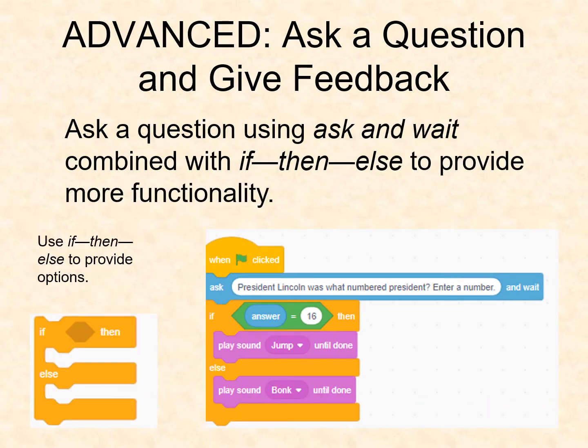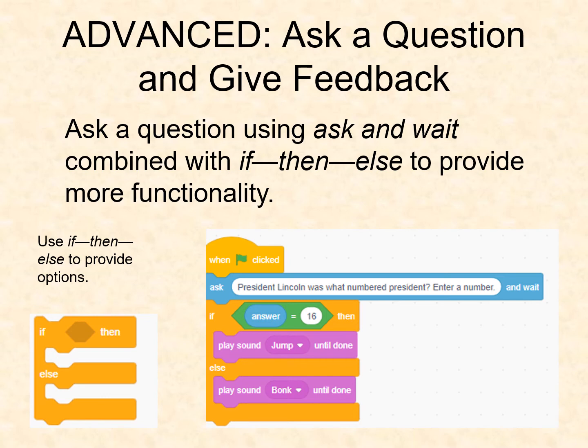If we wanted to add just one more element here, an if-then-else loop, this would be an advanced way to ask a question and then to provide feedback. So when we look at the coding here, if the student answers number 16, well, then we're going to have the sprite either say something or react in some way, play a sound that's the happy sound, something that says, yes, you have gotten it right.